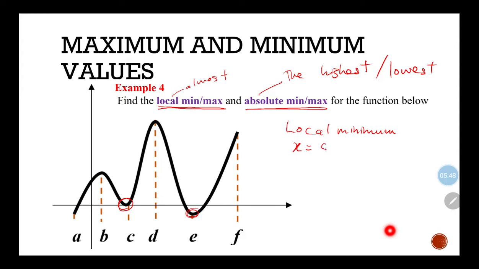So x at C and x at E. Local maximum and local minimum can be many points, but for absolute it must be only 1 point. So local maximum, which one do you think? It should be B and D.